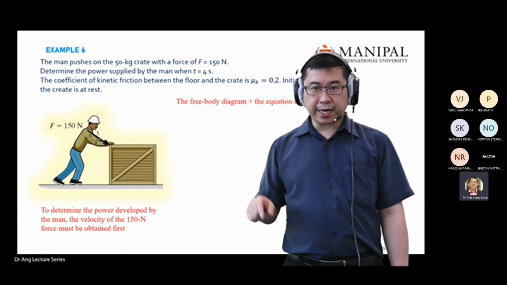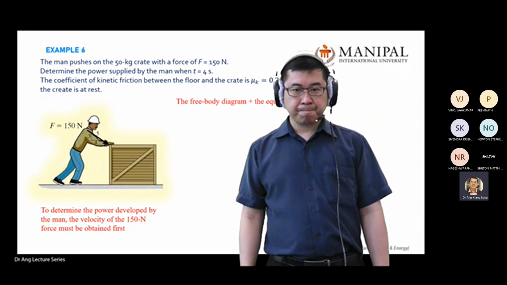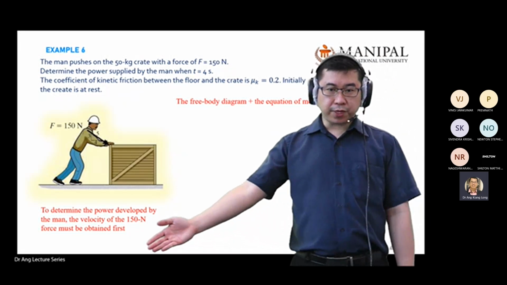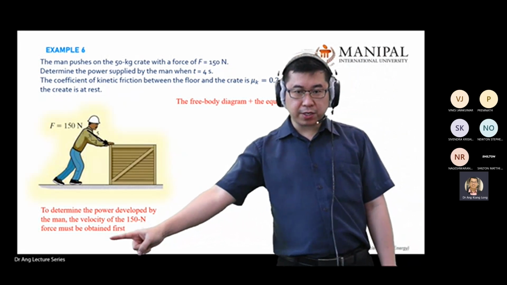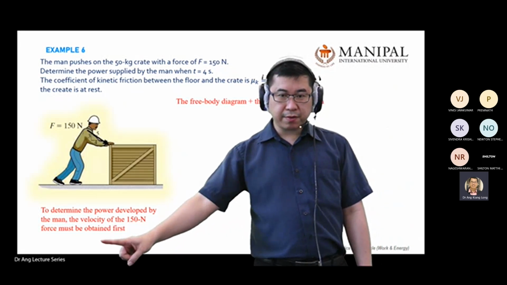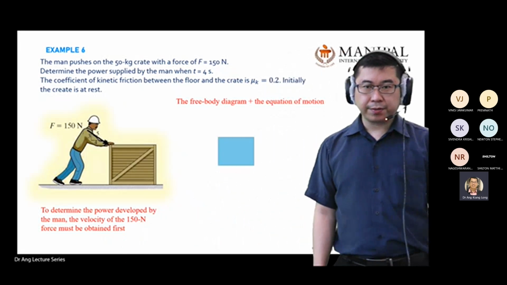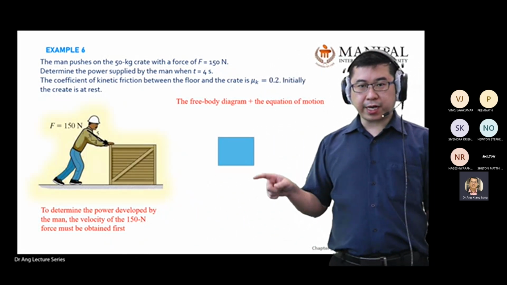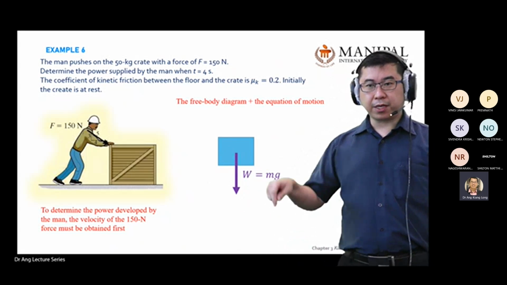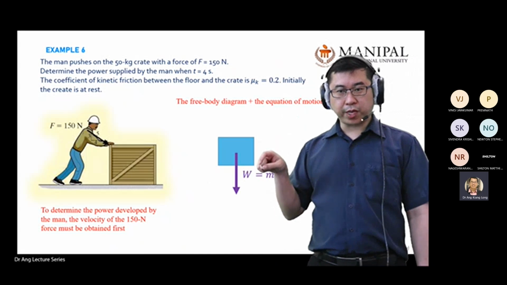So we have a free body diagram, and later we use the equation of motion. So first we determine the forces, the velocity of the 50 kilogram crate pushed by the man. So I draw a free body diagram. First thing in a free body diagram is always your gravitational force, which is your weight.